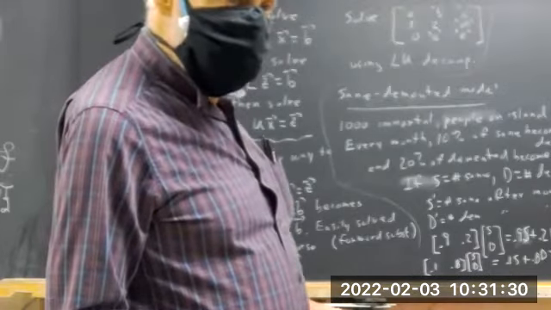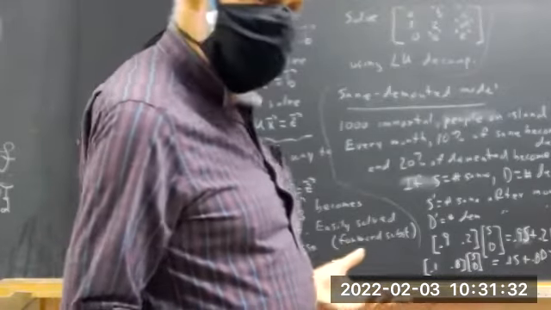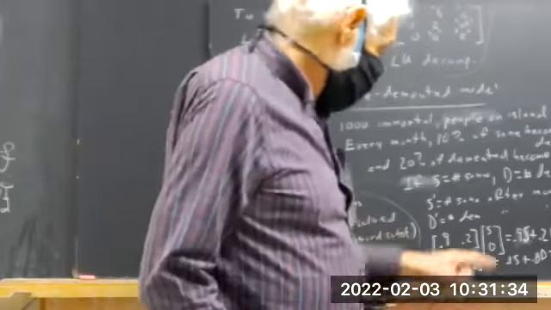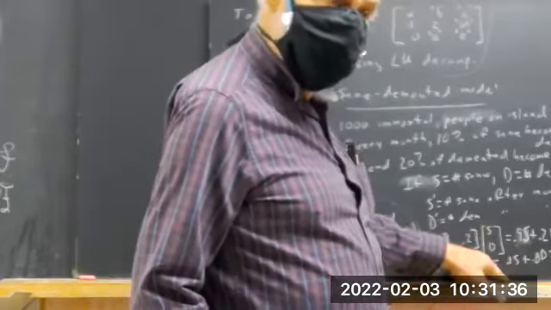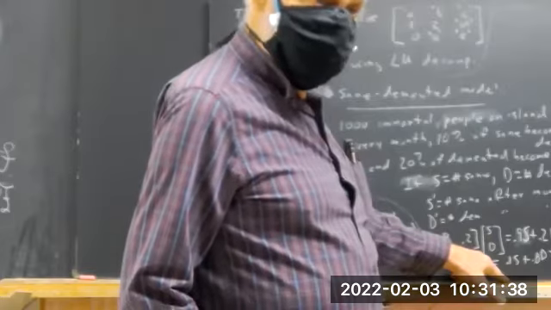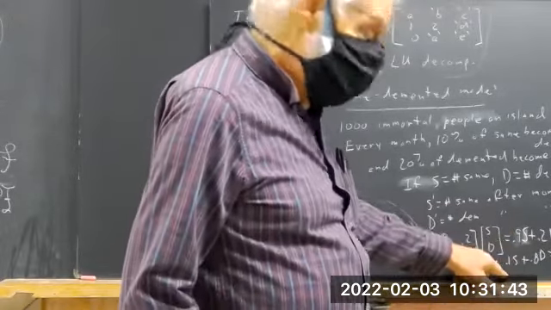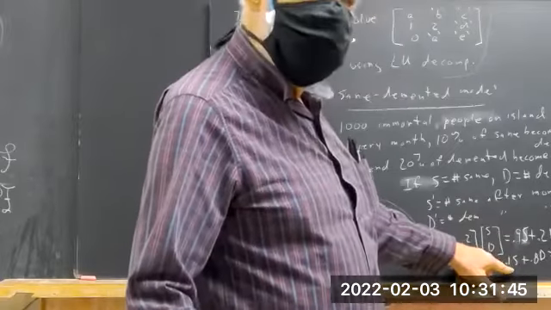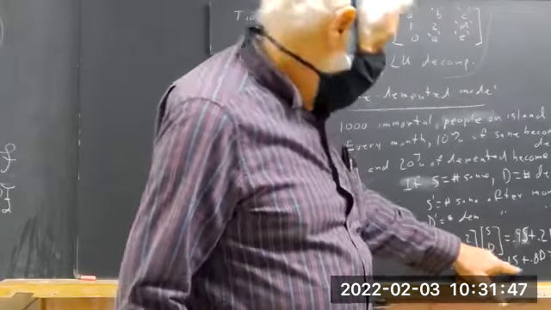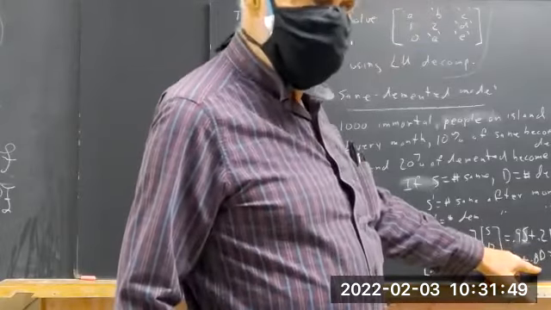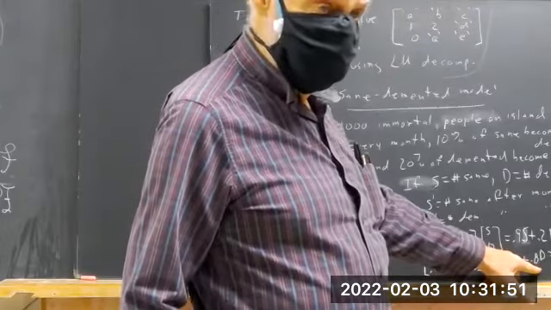Total number of people you have doesn't change. Because here's 0.9 of your sane and here's the rest of your sane, right? They're in different categories now, but you still have your total number of sane if you add these up, right? And if you add these up, you still have your total number of demented. They don't change.